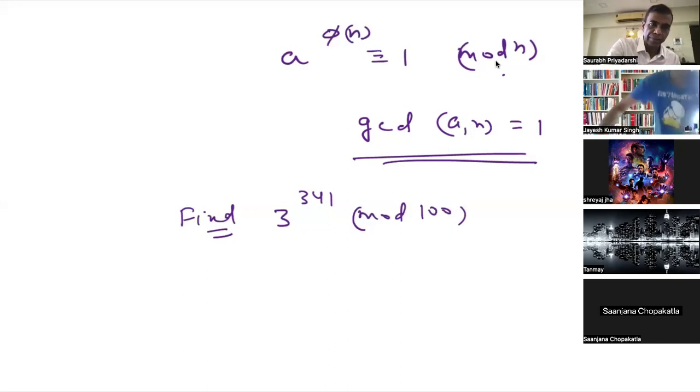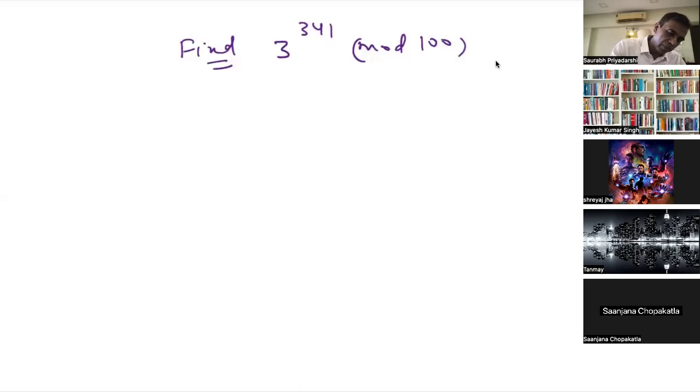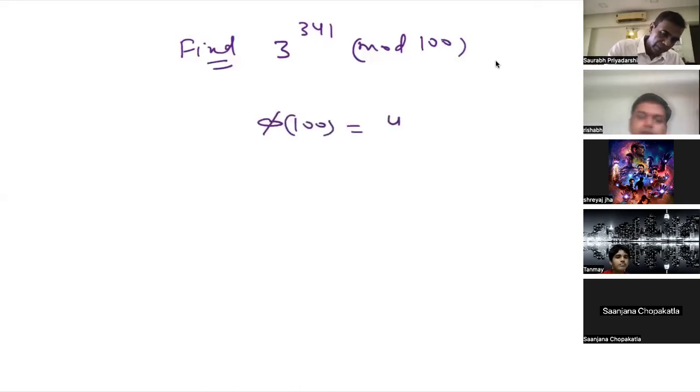Let's see. So, what is phi of 100? 40. Means 3 to the power 40 congruent to 1 mod 100.